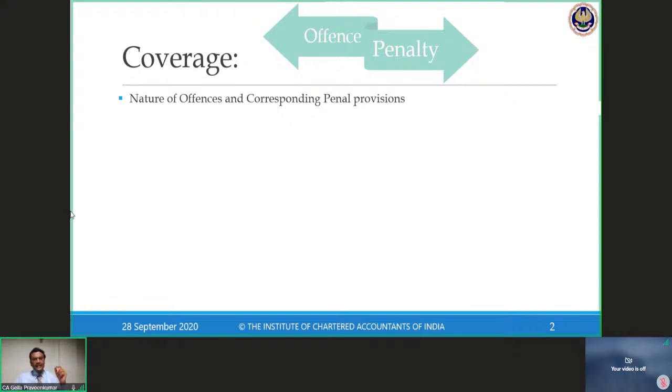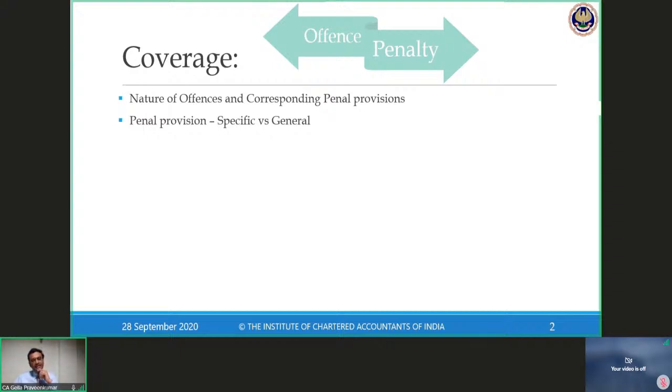Starting with, we'll understand what the nature of offences listed under the GST law are and what corresponding penal actions there are. For example, when we were asked to do homework, and if we didn't do it in the classroom session, we'd have some sort of punishment. Similarly, we'll have a couple of punishments called penal provisions under the GST law. We'll have a look at those aspects.